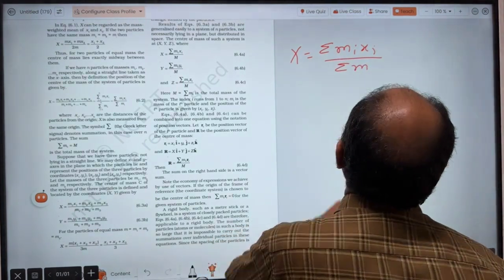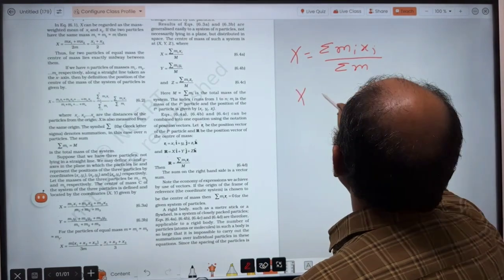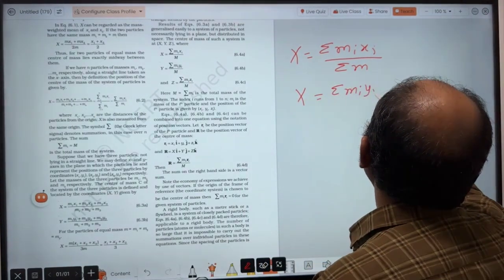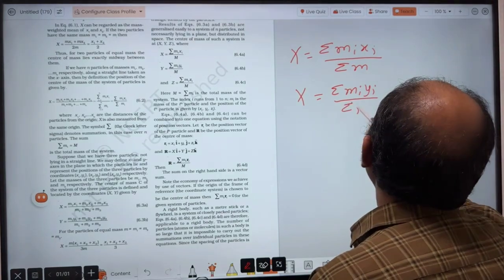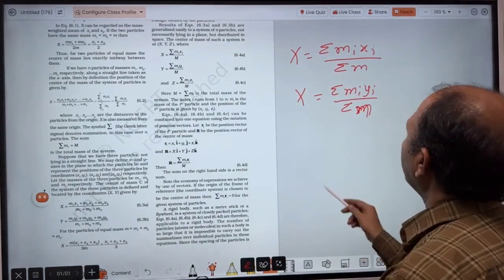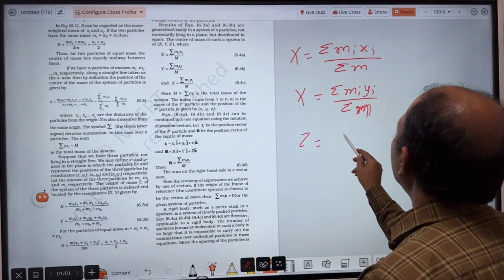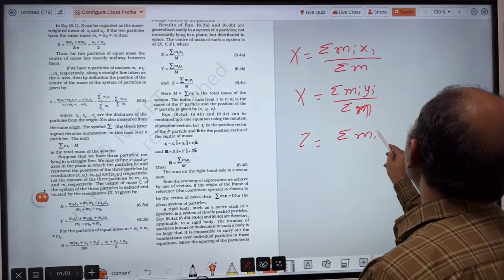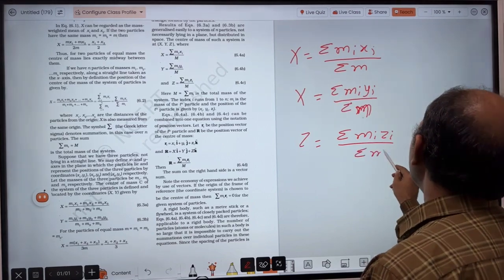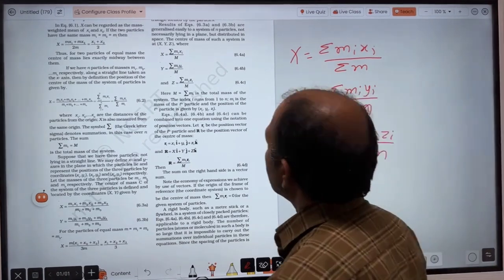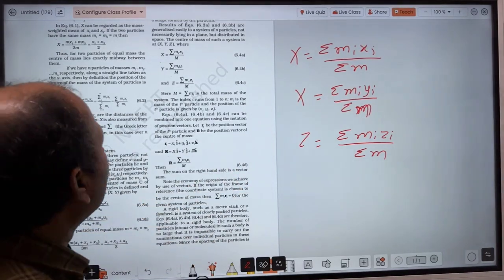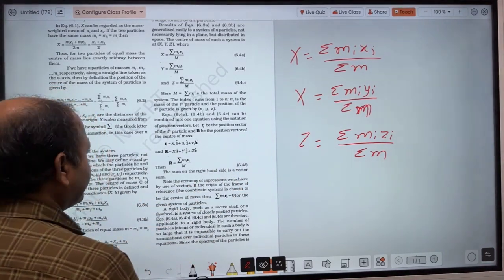Sigma m can be written as capital M. Similarly, y will be sigma mi yi divided by sigma m, and as I told you, sigma m can be written as capital M. So in the denominator you can write capital M, and z will be equal to sigma mi zi divided by sigma m, which will become capital M. So this is how we can write the position of center of mass.